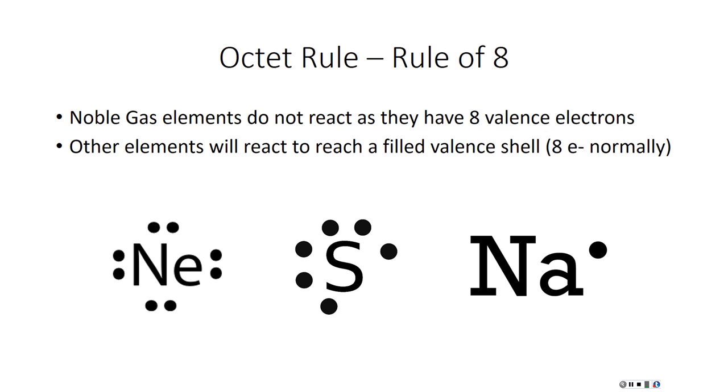And that's how it works. That's the octet rule, actually. So why don't you guys try phosphorus? Draw the dot diagram for phosphorus and then use the dot diagram to predict what charge it's going to have when it forms a compound.